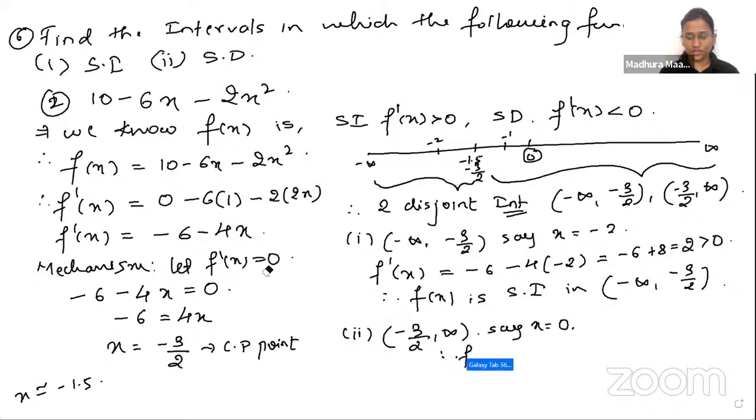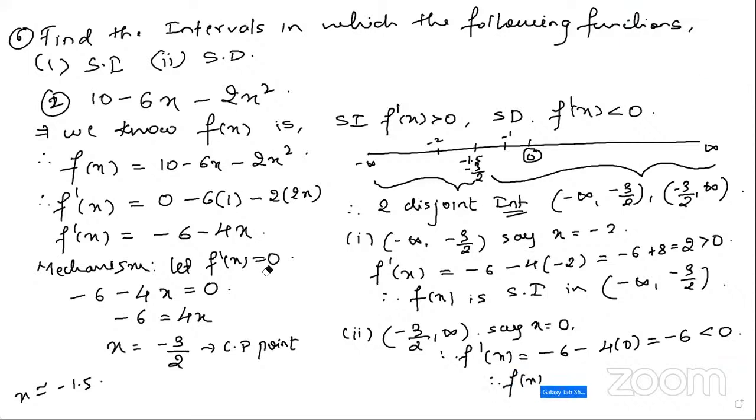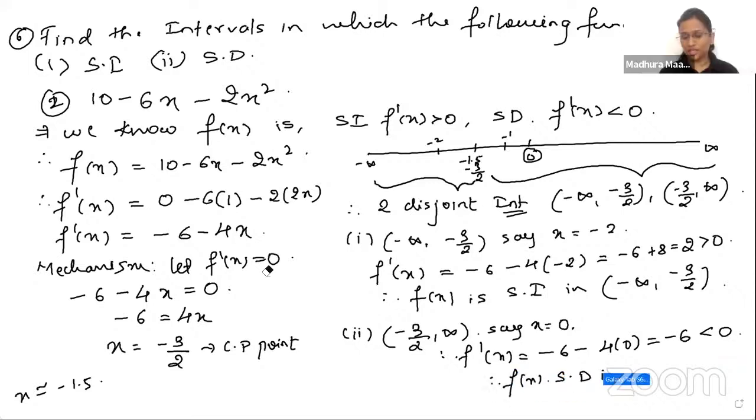Therefore f dash of x is -6 minus 4 times 0, which is -6, less than 0. So is the function increasing or decreasing here? Decreasing, strictly decreasing, in the interval -3/2 to infinity. And these are your required intervals. So in -infinity to -3/2 it is strictly increasing, and in -3/2 to infinity it is strictly decreasing.